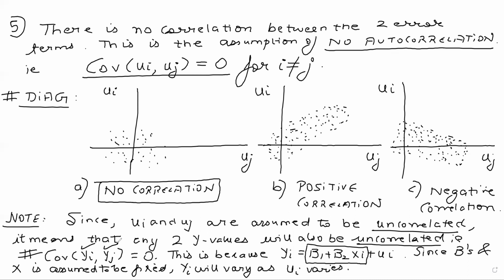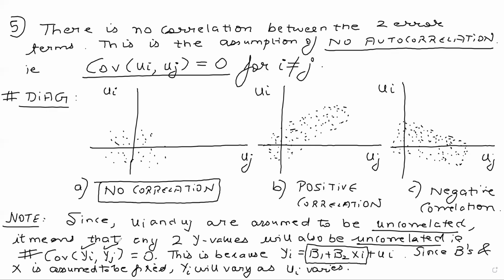But when I say that covariance of ui and uj is equal to 0, it simply means that for two different values of x, for xi, I get ui, for xj, I get uj, covariance of ui and uj is equal to 0. Similarly, for xi, I get yi, for xj, I get yj, covariance of yi and yj is equal to 0.